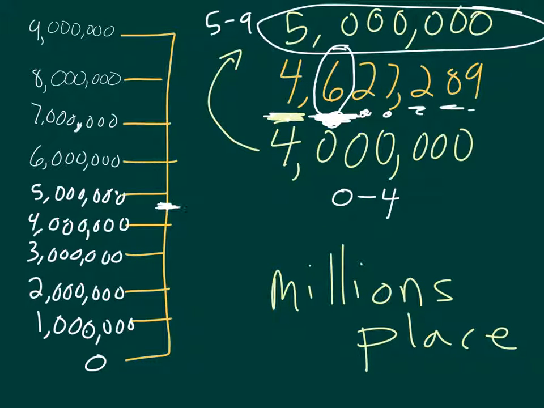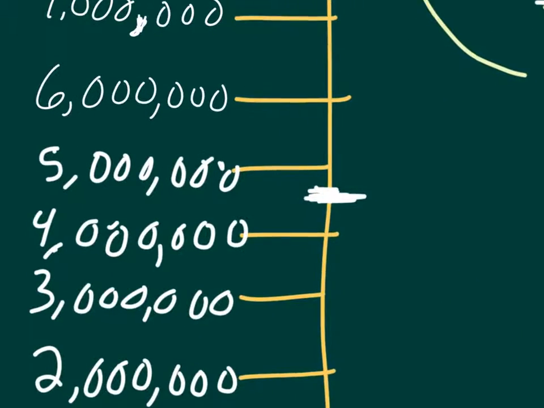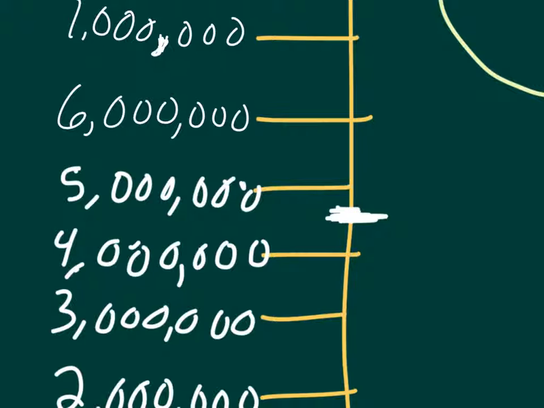And if I were to look here on my scale, and I wanted to figure out, is it going to be closer to 4 million or 5 million? Well, it's 4,600,000. So if I were to go down, it would take 600,000, 500,000, 400,000, 300,000, 200,000, 100,000, 4 million.